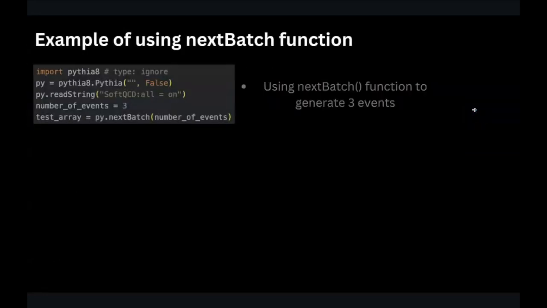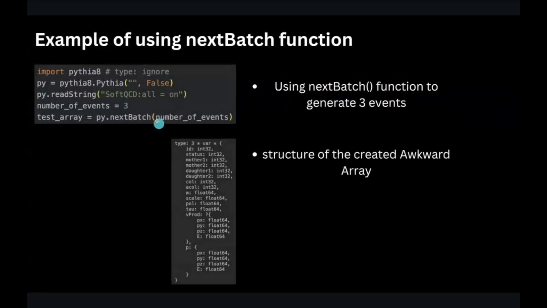Is that correct? Yeah, it's just my local environment, and we didn't push the next batch function in the newly created functional because we need to test it. But it's working locally.